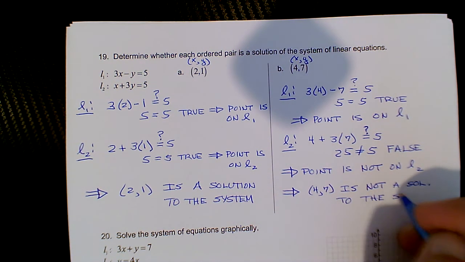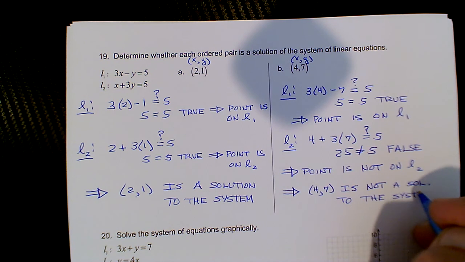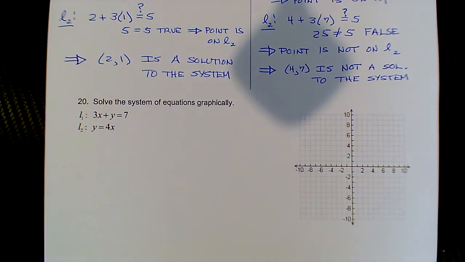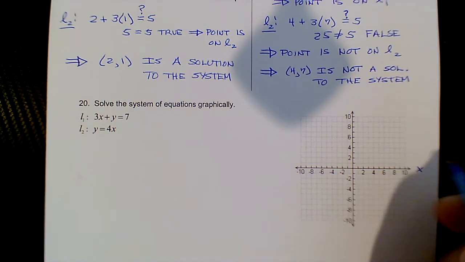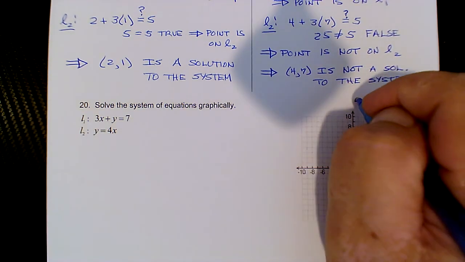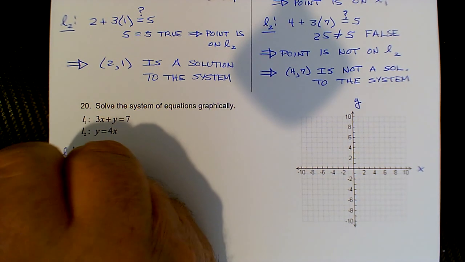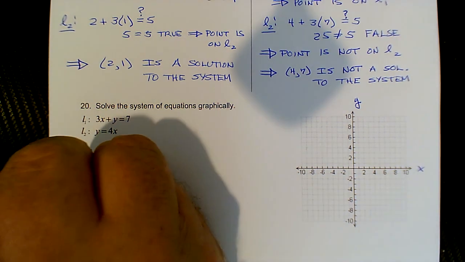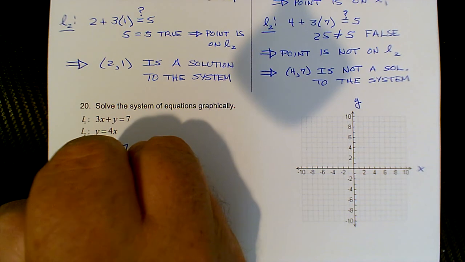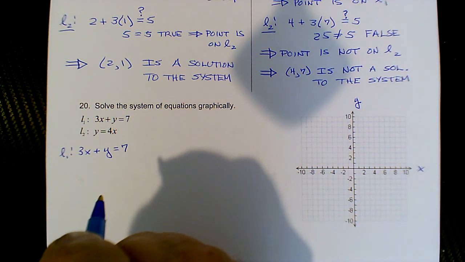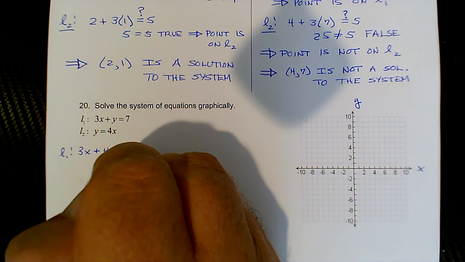Looks like that's the same point as before, so it looks like we got a winner. So there's L2. We're looking for a point of intersection, which is obviously the point 1, 4. So our common solution is the point 1, 4.